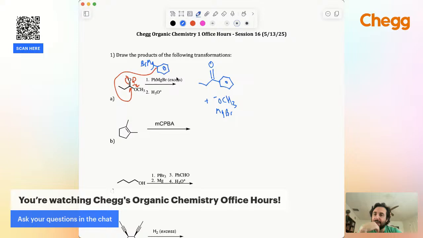That'll be a plus charge right here. So one Grignard reagent attacked, but it says we have excess, right? Excess means that a second equivalent can react, because once again, we know that Grignard reagents attack carbonyl containing compounds, and we have regenerated that carbonyl. So we went from an ester to a ketone.